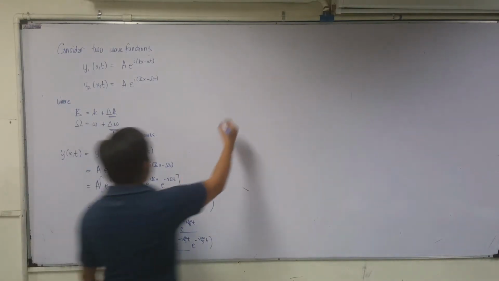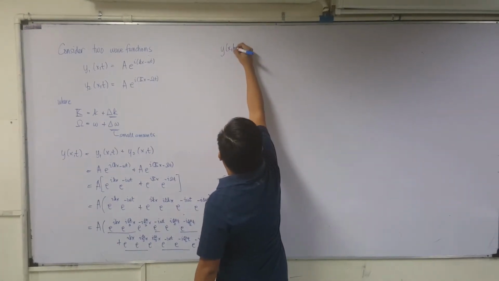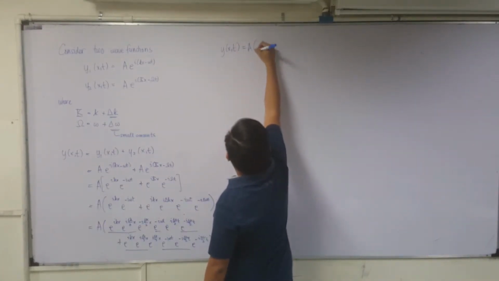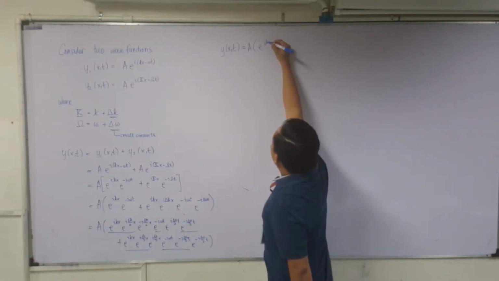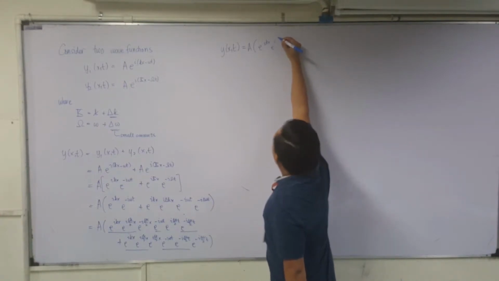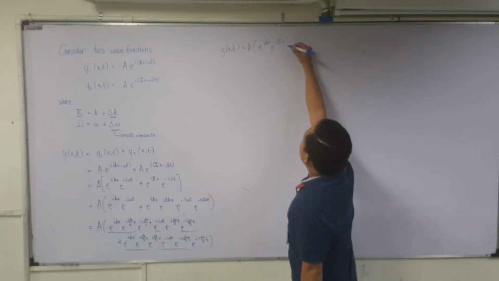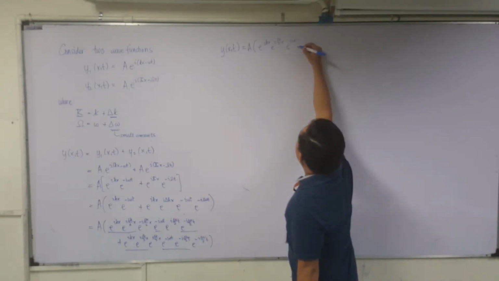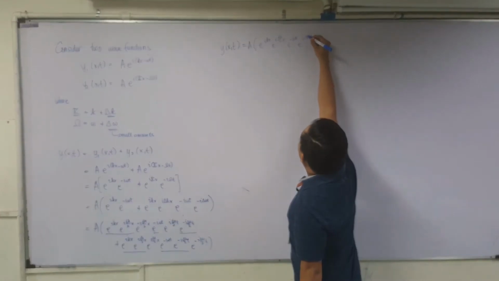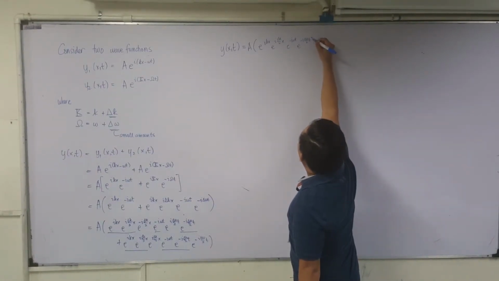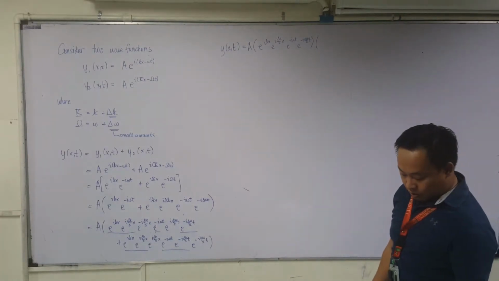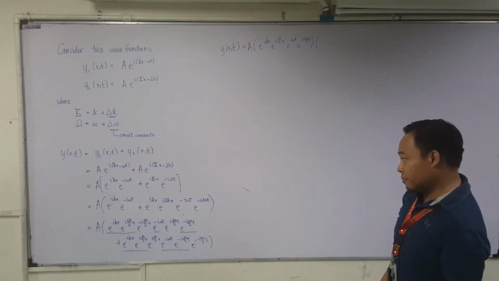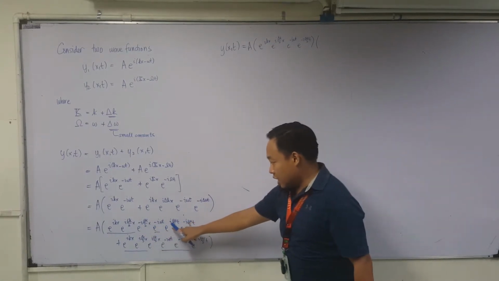So that means our y can now be written as A times e to the i kx e to the i delta k over 2 x e to the negative i omega t e to the negative i delta omega over 2 t times this and this.